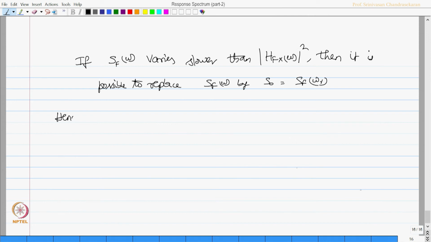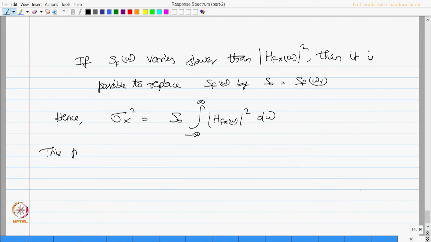Hence, sigma x square is now going to be S0 times the integral from minus to plus infinity of |hfx omega| squared d omega.